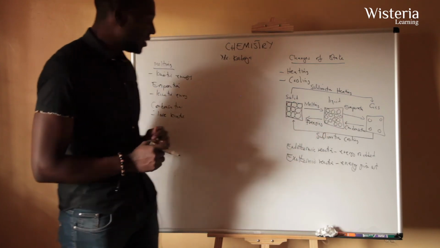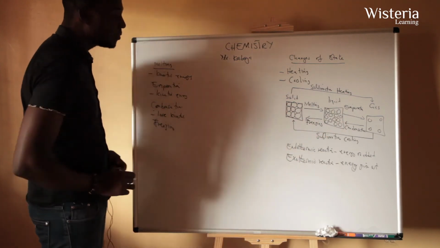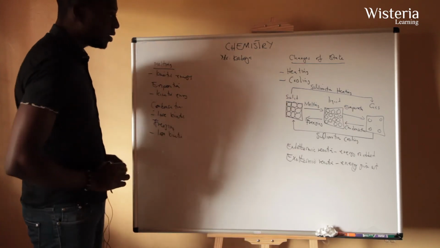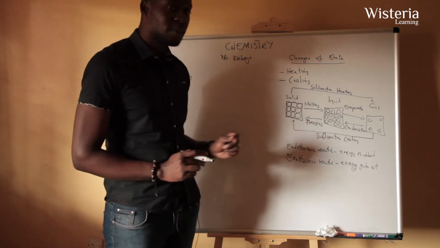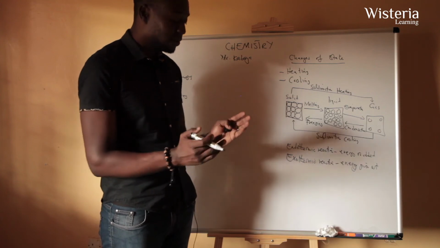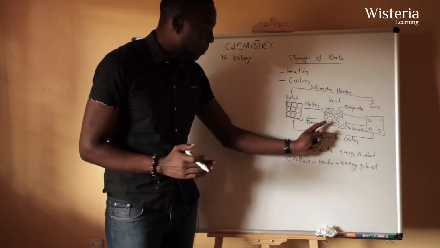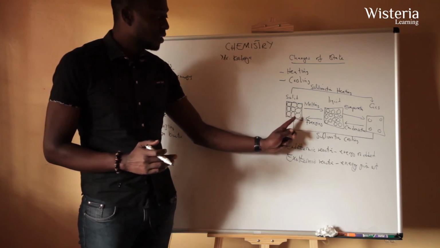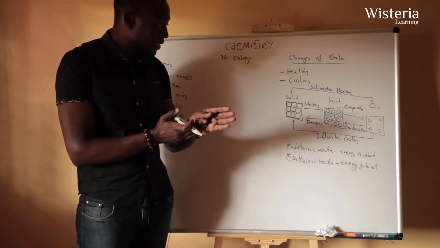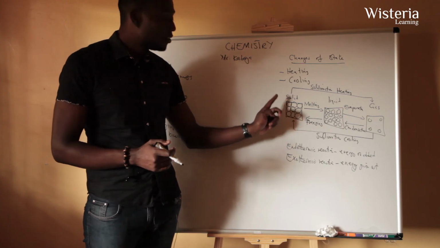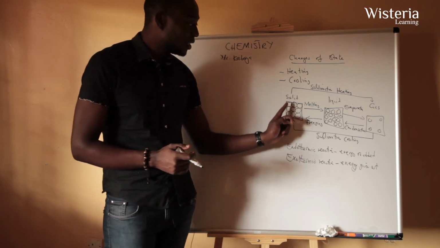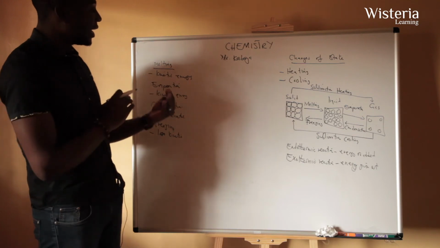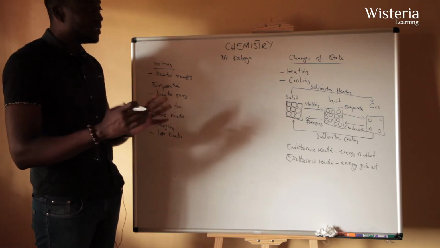Then during freezing, the particles again lose energy. After they lose energy, they'll start moving like particles in a liquid. They'll start getting closer to each other and behaving like particles in a solid. So instead of sliding on each other, they'll start vibrating in a fixed position like particles in a solid. So that's what happens to the particles when energy is being added and when energy is being given out.